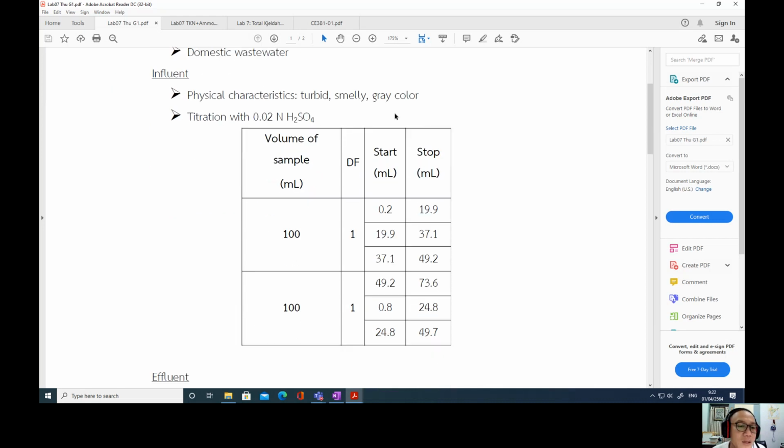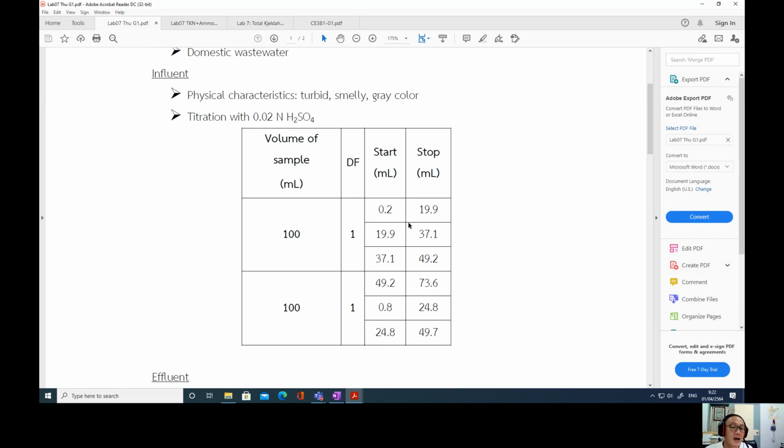The raw data will be given. The volume of sample used is 100 ml, because sometimes we don't have to use 100 ml. Sometimes we only use 50 ml or 20 ml, but we have to make up the volume to 100 ml. In this case, at the end, you have to multiply by the dilution factor once you calculate the ammonia or the TKN value.